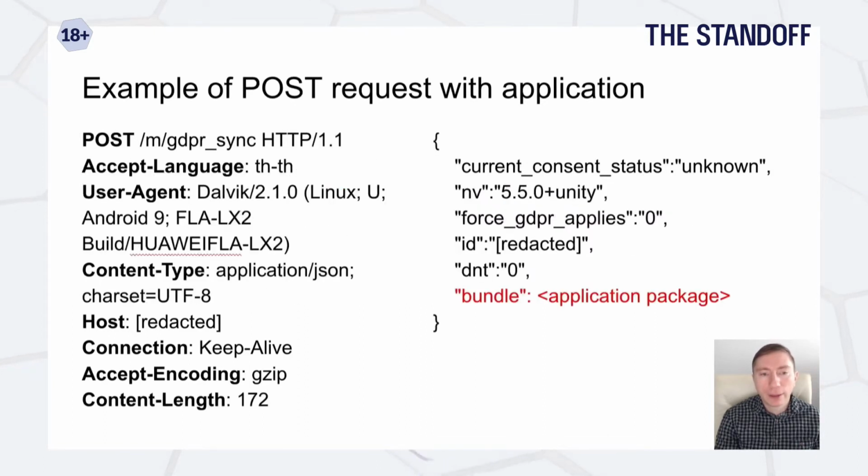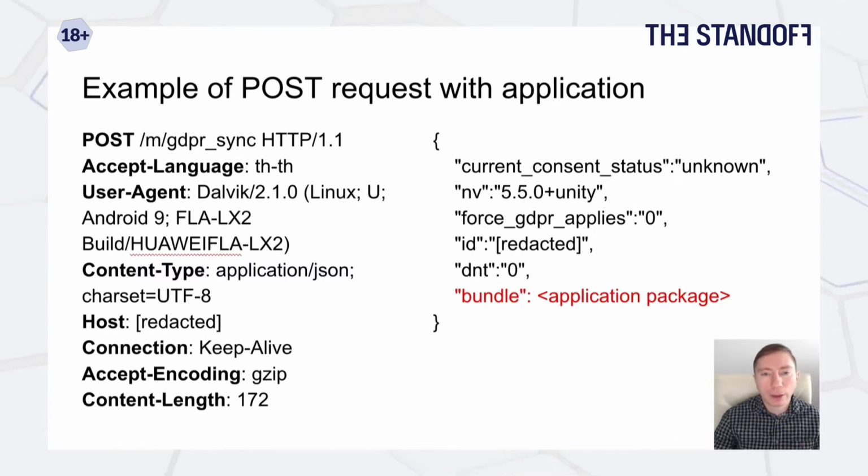This is an example of a POST request from the same domain, and it also provides embedded JSON data that specifies an application package. Not much information is sent here, but we are able to do some statistics related to the number of applications using this particular domain.